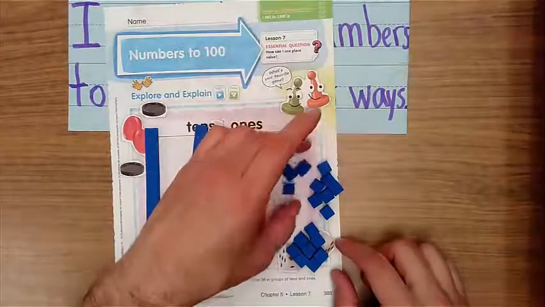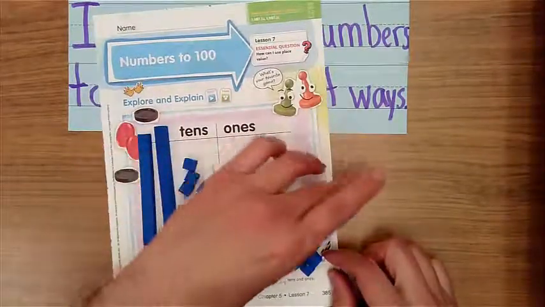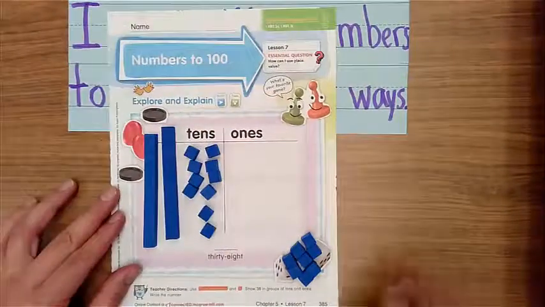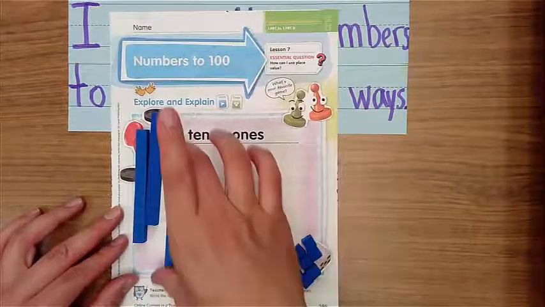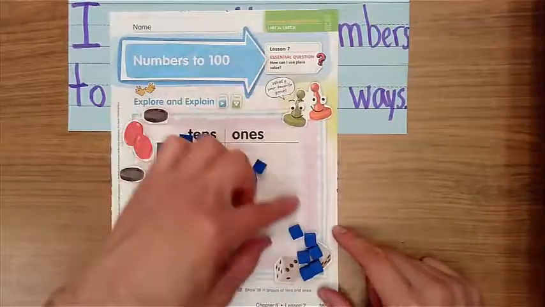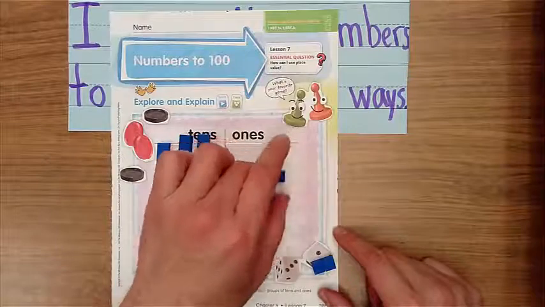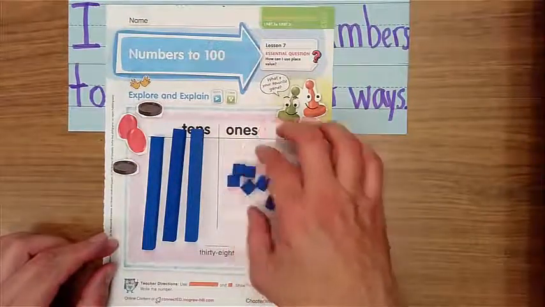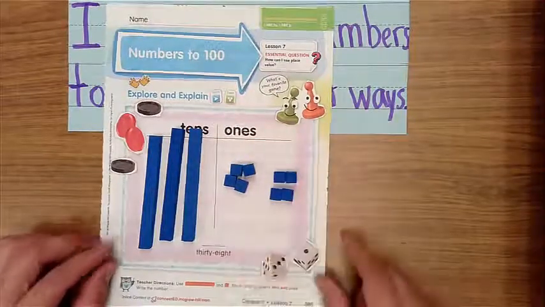And I have another group, 2, 4, 6, 8, 10. So that's one more group that I'm going to replace with a 10 stick. So now I have 3 10 sticks. And let's see, I don't think I have enough for another 10 because I only have 8 right here. That's only 8, and you need 10 for them to go over to the next room.